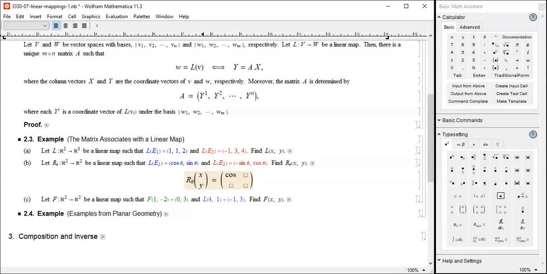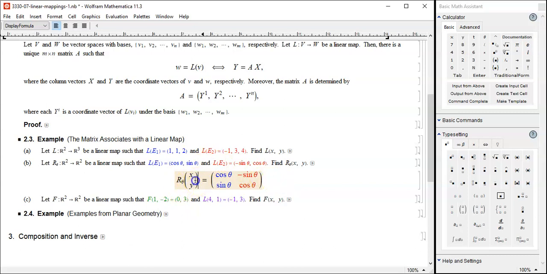So we want cosine, sine. And let's do color coding as before. Making sense? E1 is going to cosine of theta, sine of theta. That goes to the column. Next, E2 is going to negative sine of theta, comma cosine of theta. And let's emphasize those in red. And that's the matrix expression.